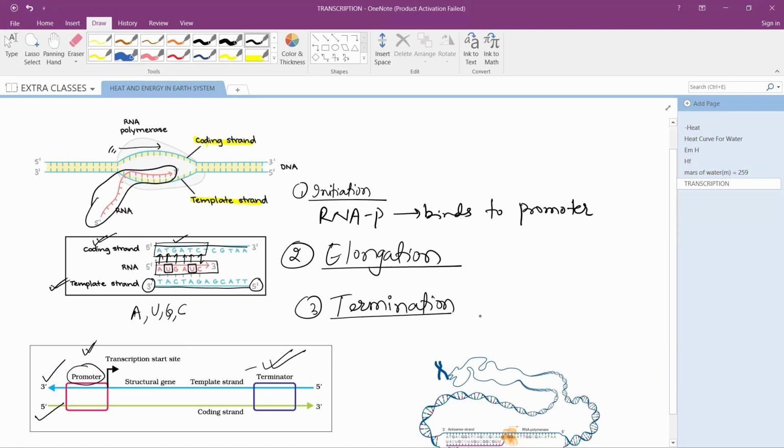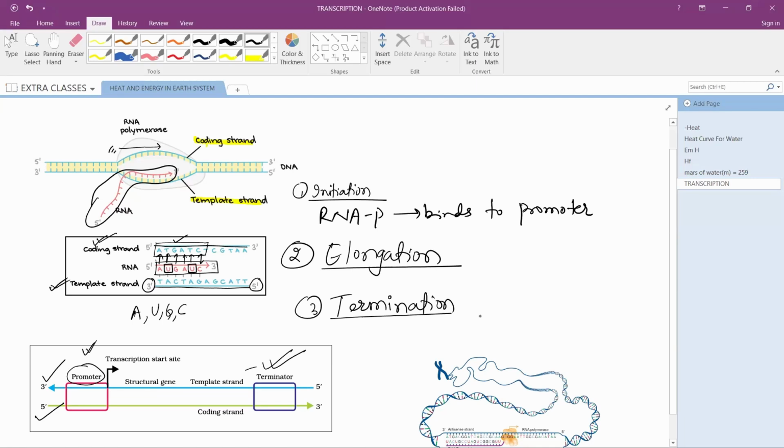Only one type of RNA polymerase is working. In the case of eukaryotes, three types of RNA polymerase work, that is RNA polymerase 1, 2, and 3. I guess you have not studied that. No. Okay, just keep it in your notes. During our sessions, I will teach you these things in detail. So, in prokaryotes, a single RNA polymerase will do transcription, but in eukaryotes, three types: RNA polymerase 1, polymerase 2, and RNA polymerase 3.